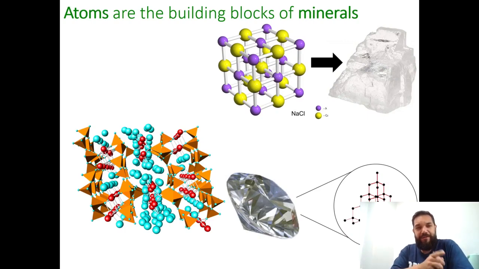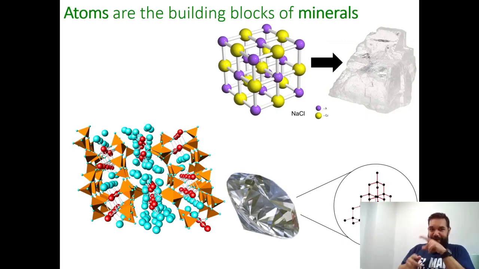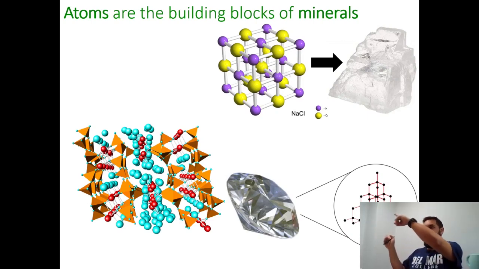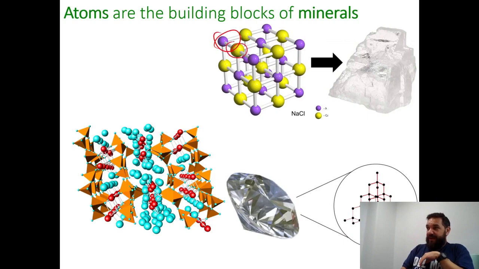But the reason that they have a lot of those properties is because they have a very specific sort of atomic arrangement. Now, if you take a look at these, I guess for you, they kind of look like they're over here, right? Right there. So anyway, if you take a look at these atoms, notice that in the minerals, they're very precisely arranged, right? They're not just thrown in there willy-nilly.